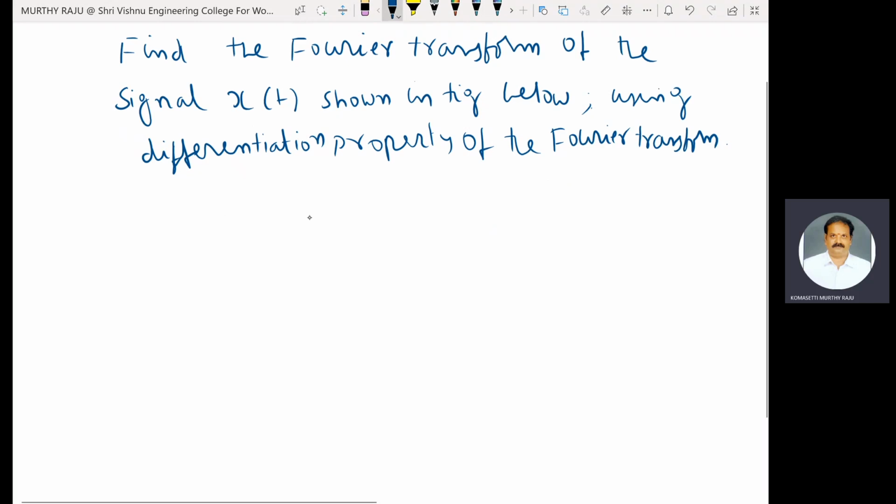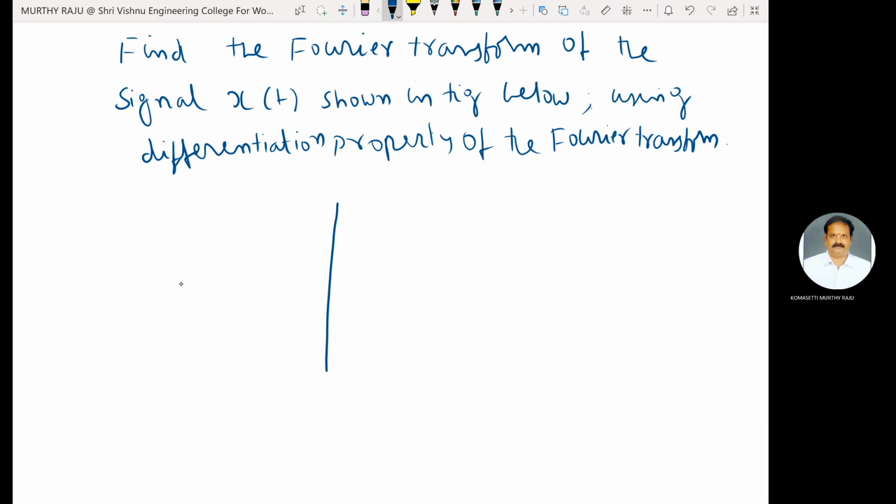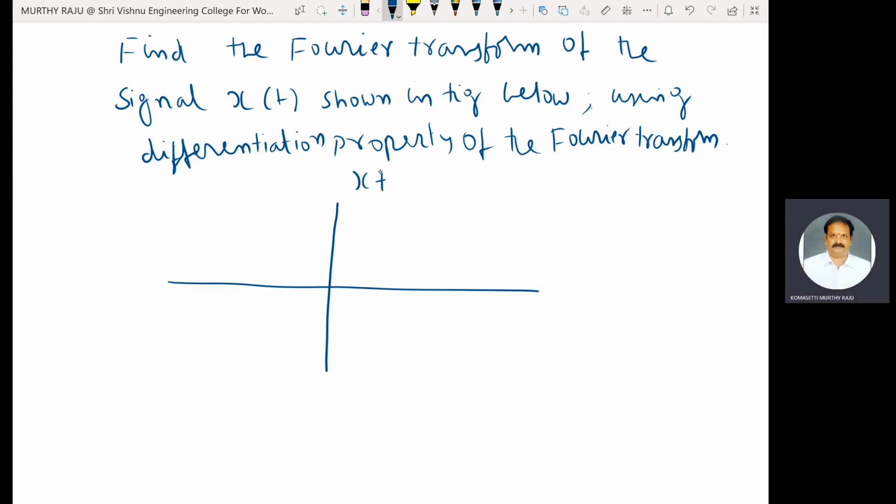The waveform is like that. This is the waveform x of t. This is the time axis.